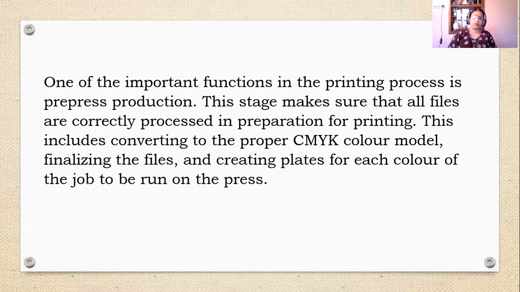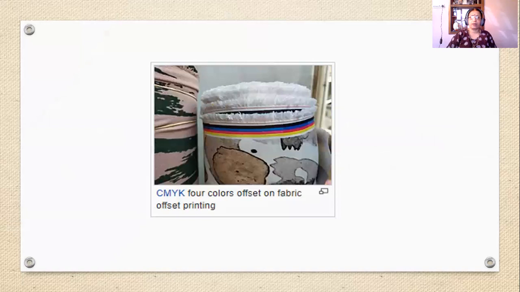This includes converting to the proper CMYK color model, finalizing the files, and creating plates for each color of the job to be run on the press. CMYK, four colors, offset printing.